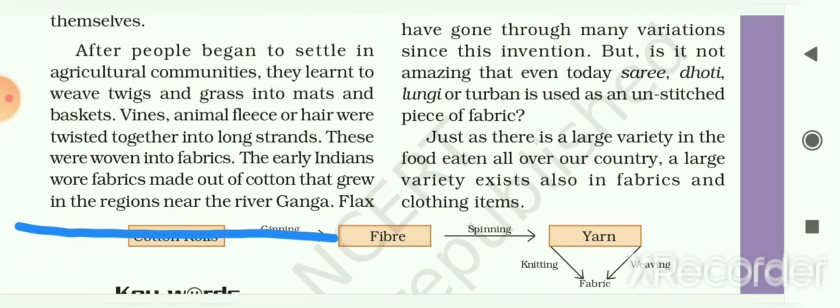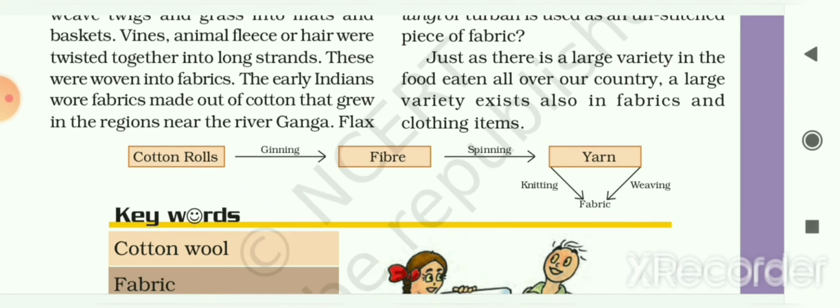Isn't it amazing that even today sari, dhoti, lungi or turban is used as an unstitched piece of fabric? Just as there is a large variety in the food eaten all over our country, a large variety exists also in fabrics and in clothing items. So here the process of getting fabric from the fiber is shown to you.